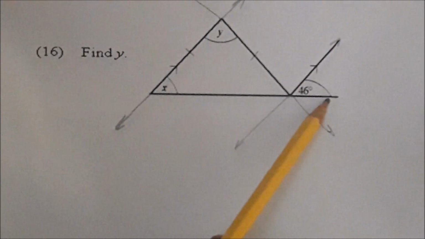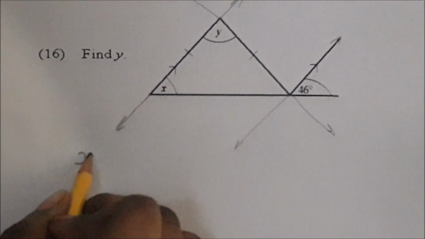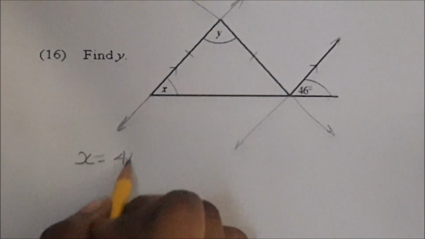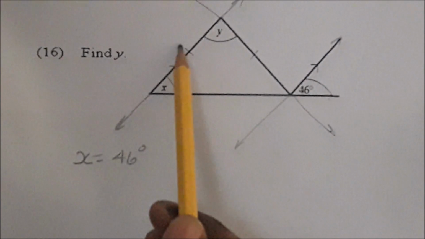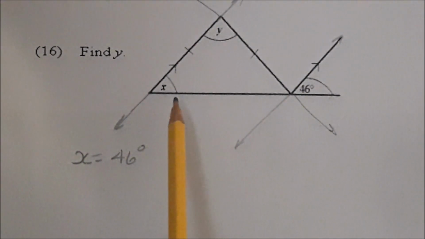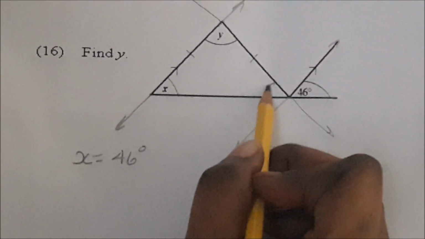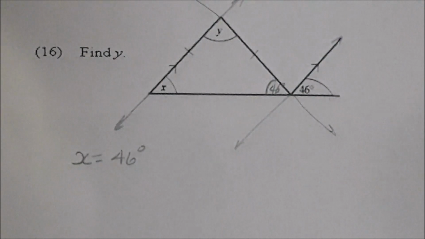The angle here corresponds with angle x. So now we know that angle x is equal to 46 degrees. The diagram also tells us that this triangle is an isosceles triangle, which means that this angle here is also 46 degrees.